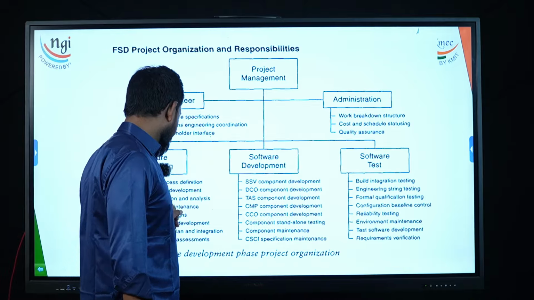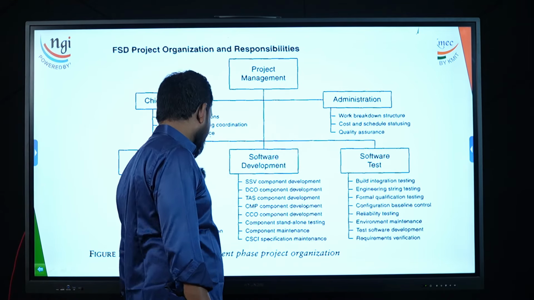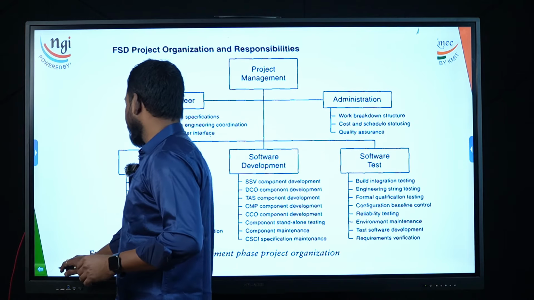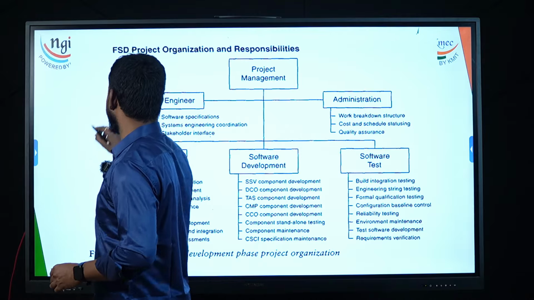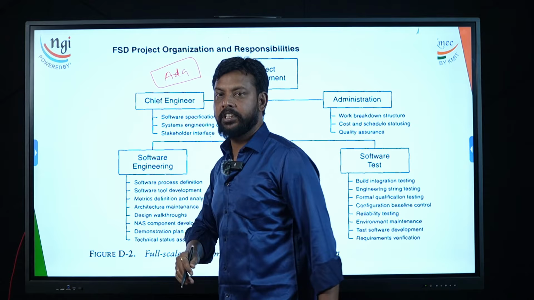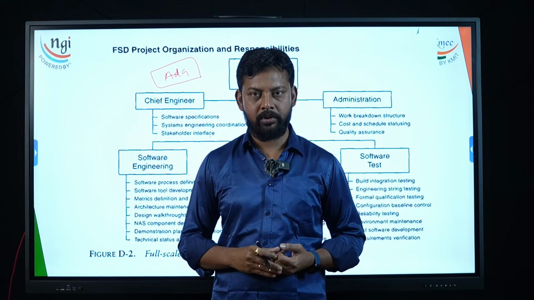So this is about your project development or your project roles and responsibilities. So throughout this software architecture, they proposed to make use of a programming language called the ADA language. While proposing ADA, they identified why only ADA is supposed to be used and why not other programming languages.